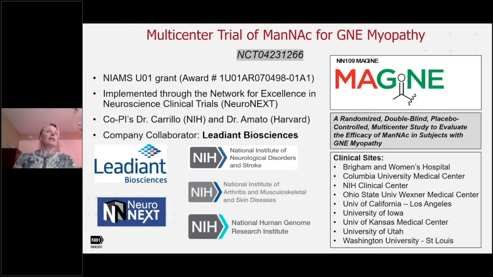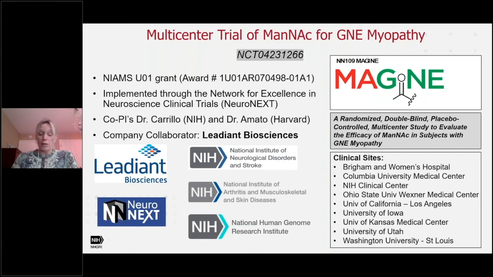So the next trial is a multicenter trial of ManNAc for GNE myopathy. Most of you have heard of this. It is on clinicaltrials.gov where you can find the information. It is sponsored by NIH through a UO1 grant, the NIAMS Institute.